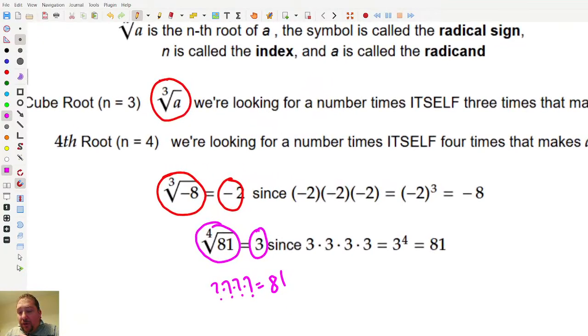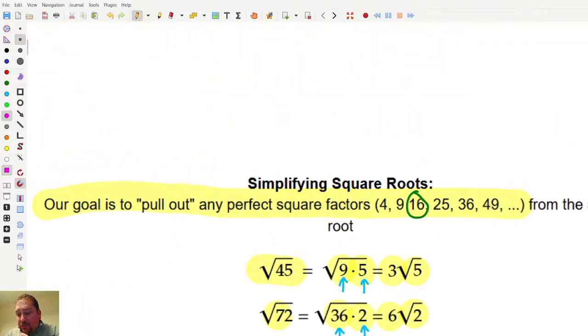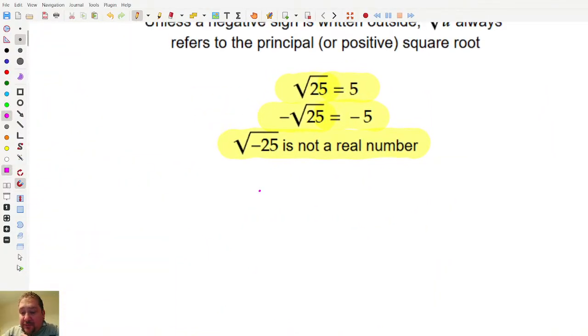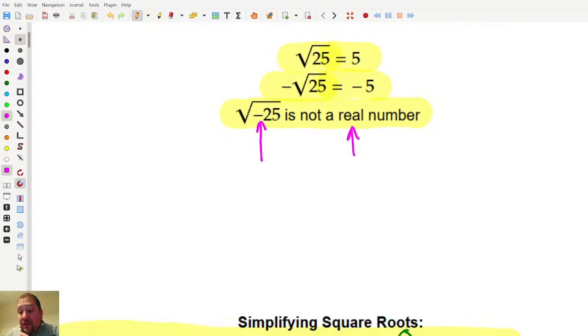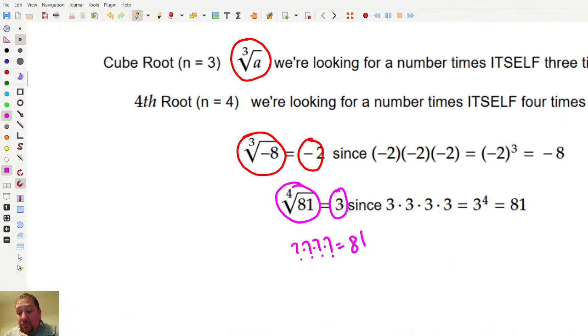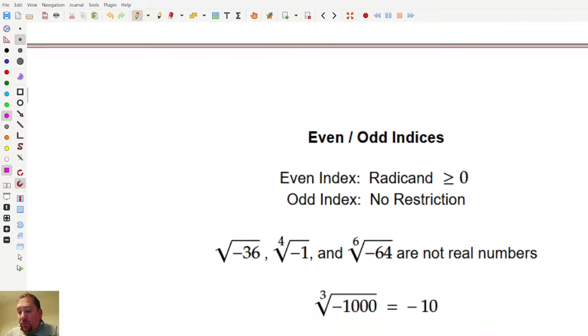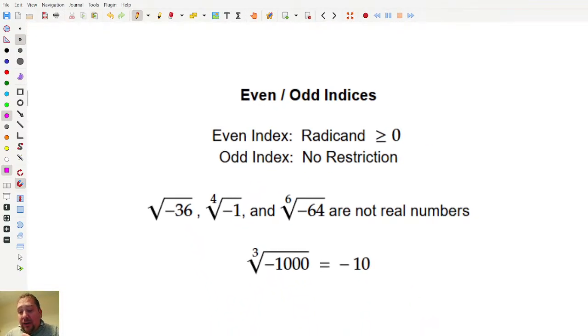So you might be wondering, wait a minute, a few minutes ago, you mentioned negative signs inside of square roots. And I did. I said negative signs inside of square roots are not real numbers. However, did you just notice the negative sign in the cube root is perfectly fine? Okay. So when you have an even index versus an odd index, we have to be careful if there's a negative sign inside.